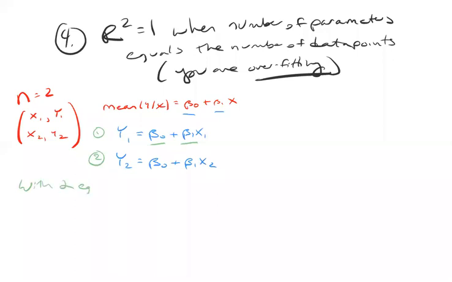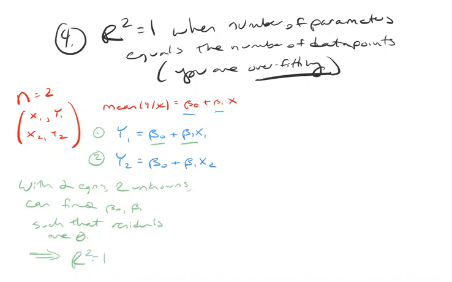With 2 equations and 2 unknowns, I can find beta 0 and beta 1 such that these equations are perfectly true and therefore residuals are 0, okay? Which implies that R squared would be equal to 1. And this is happening, again, because I have 2 data points, but only 2 parameters I'm estimating.